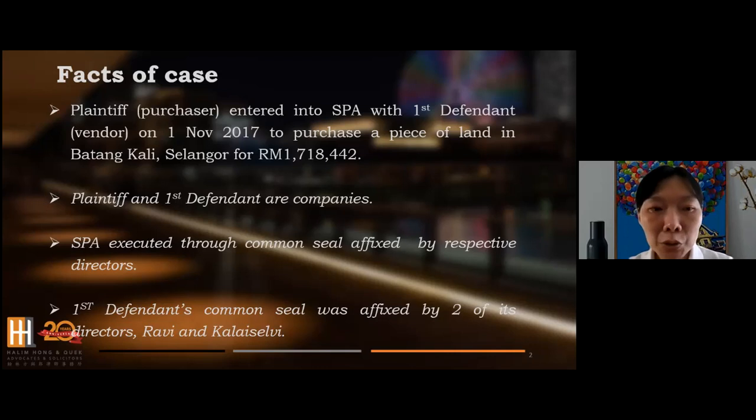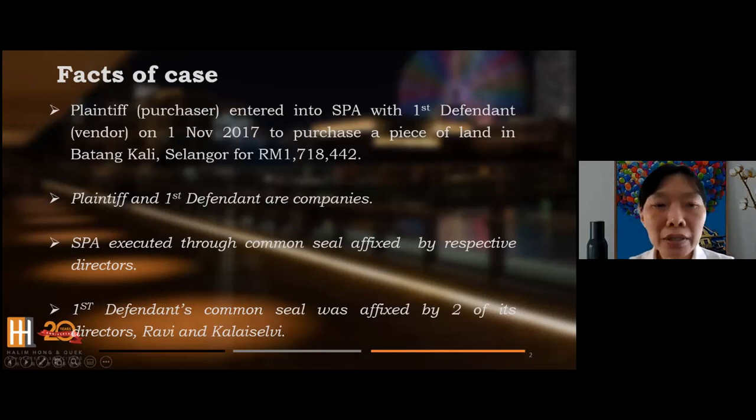As I said, both entities are companies, so the common seals were affixed by the respective directors of both the plaintiff and the first defendant. On the part of the first defendant, the common seal was affixed by two of its directors, named Ravi and Kalai Selvi.